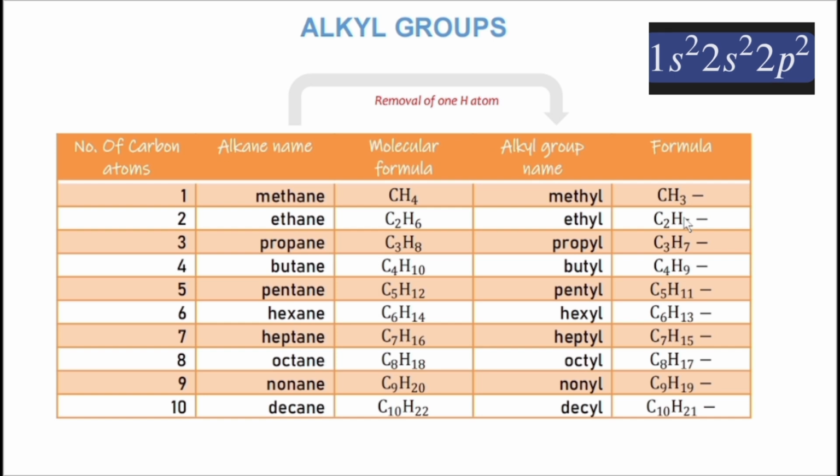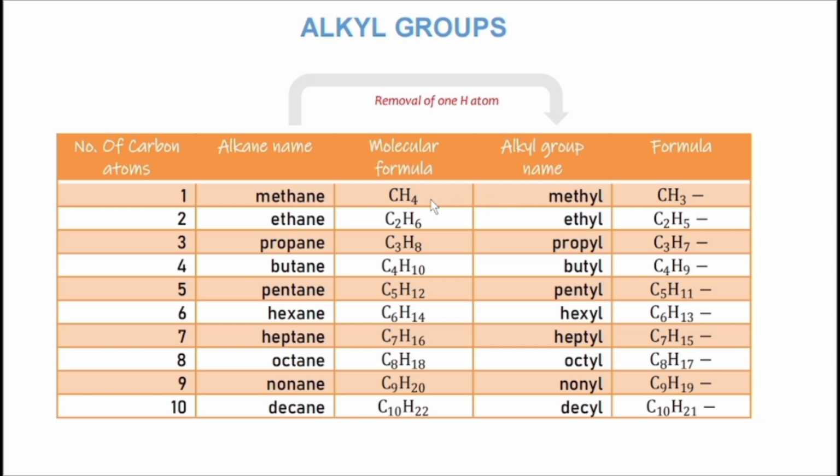And as you know, carbon needs 4 electrons to complete its outer electronic configuration with the already existing 4 electrons it has. Therefore, it needs 4 bonds around it, and when 1 hydrogen is removed and only 3 hydrogens exist in the case of methyl, the extra bond will be represented by this dash that I have given here.